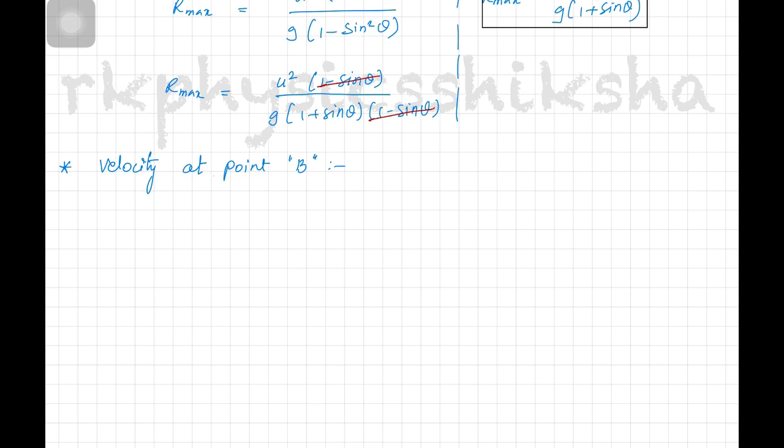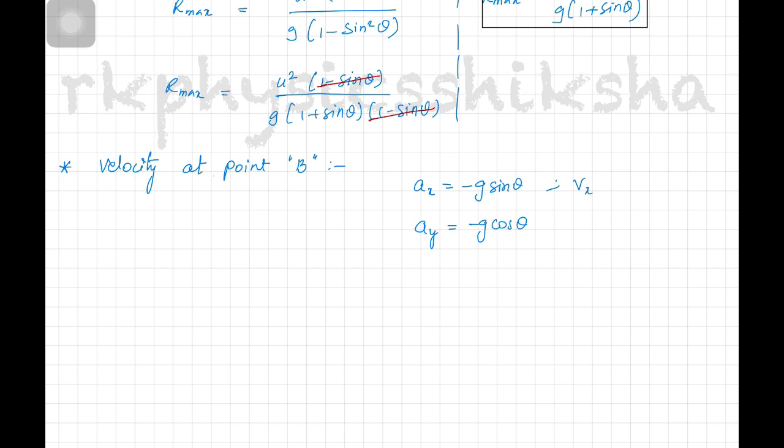For that, we need the x component of velocity and the y component of velocity. Usually the acceleration ay remains constant in all projectile cases, but here it is up the inclined plane, so ax also has a value, and ay also has a value, which we have already known: ax is equal to minus g sin theta, and ay is equal to minus g cos theta.